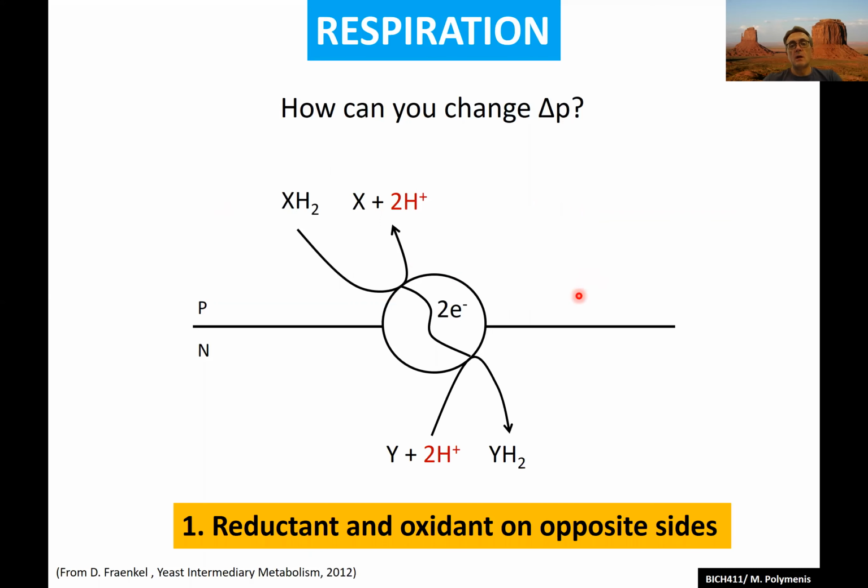So if, however, you put them now on opposite sides, you have the reductant and the oxidant. You have your first, let's assume this is an NADH, you make NAD plus. The 2 protons are coming off on this outside side. Then the electrons find their way onto the acceptor, and the acceptor, shown here as Y, also picks up 2 protons, and you reduce it. By doing so, you generate 2 protons on the P side, and you subtract 2 protons from the inside.